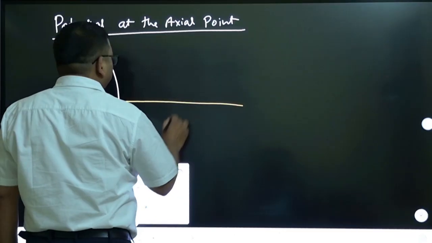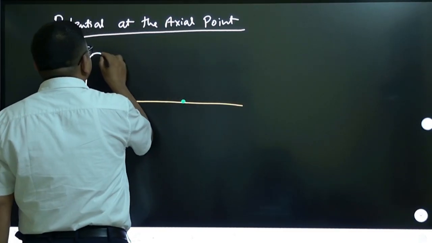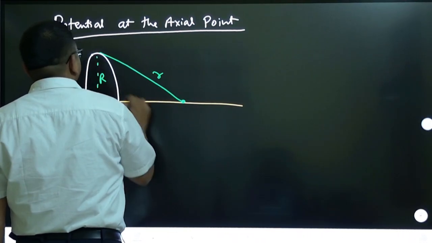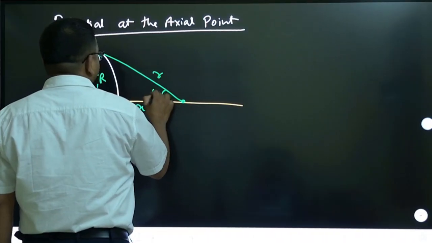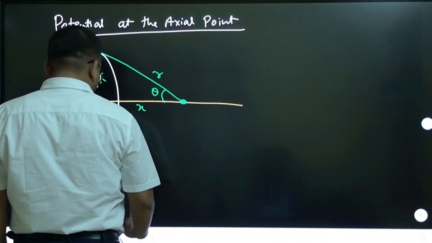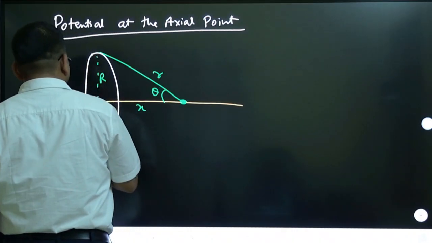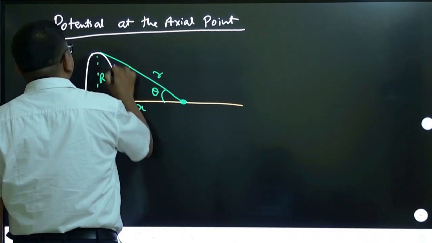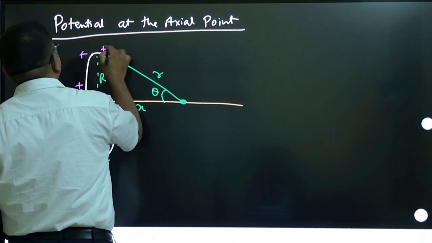Suppose I take any point here, which is at a distance of x from the center, this distance is capital R and this distance is small r. This is theta. So at this point, what will be the potential? And this is the charge, a uniform charge distribution on the ring, plus q.